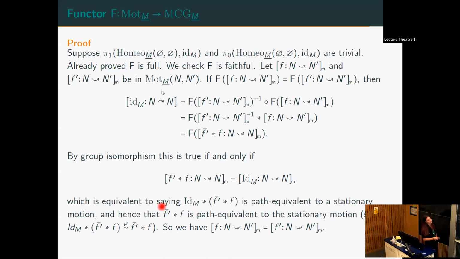And so this is precisely the definition of motion equivalence in our category. So we have that these things are motion equivalent, and this is a faithful functor.